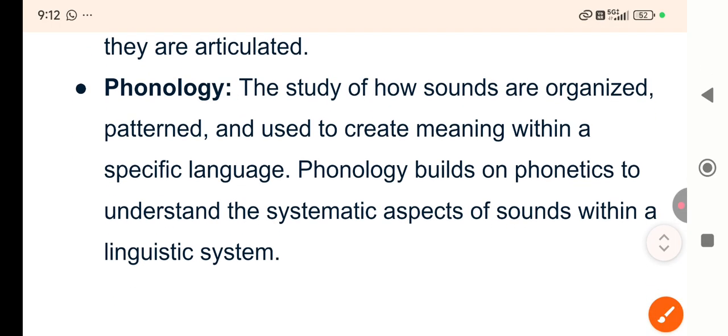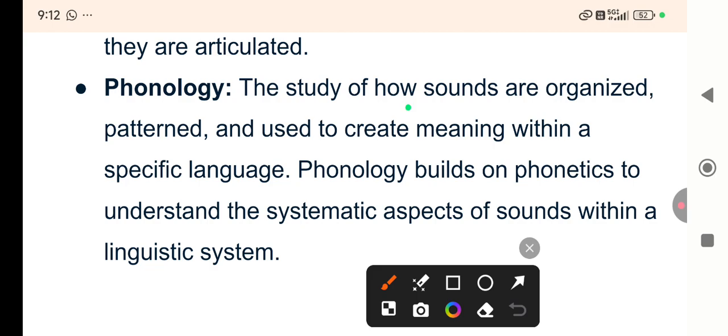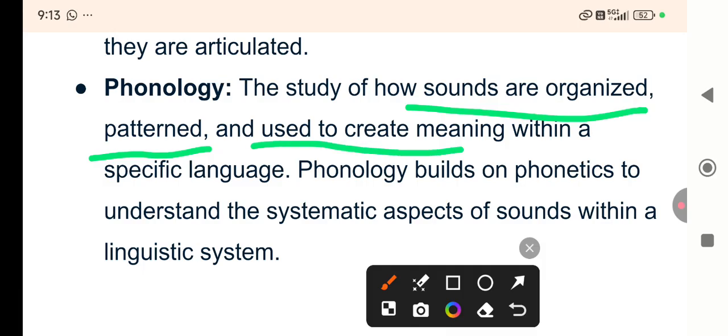But phonology is the study of how sounds are organized, how sounds are patterned, how sounds are used to create meaning within a specific language, right? So that's the organization of sounds.